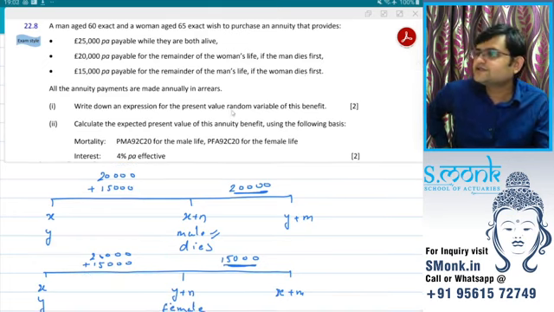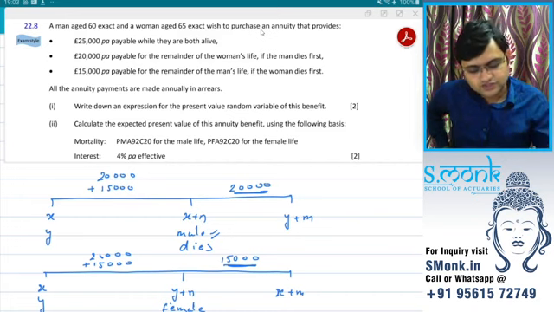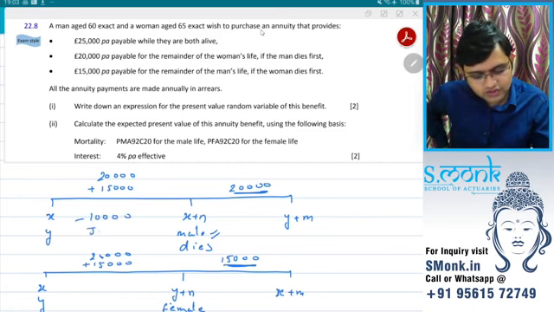Now what if I say I am giving 10,000 less till both are alive? Till both are alive, 10,000 is given less. That when both are alive, that is called joint life. So I will subtract 10,000 in joint life.